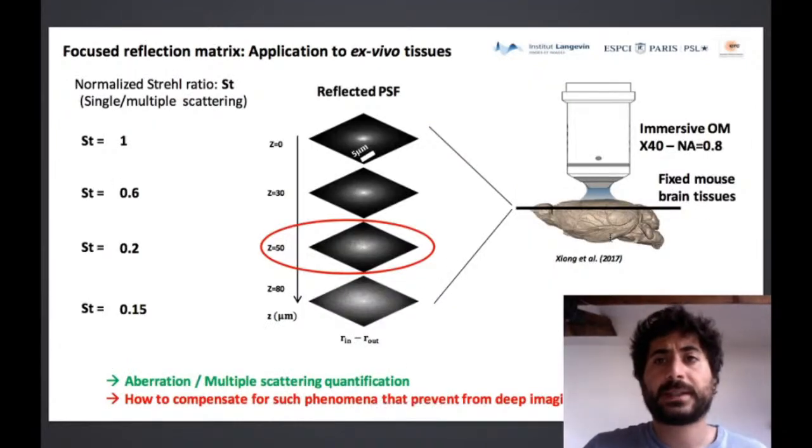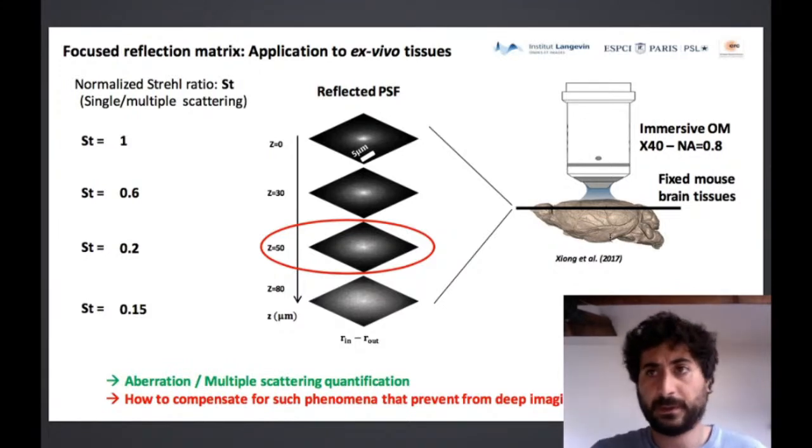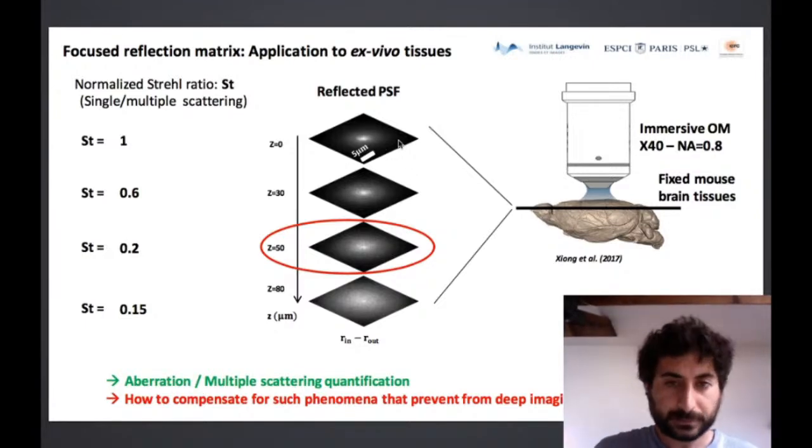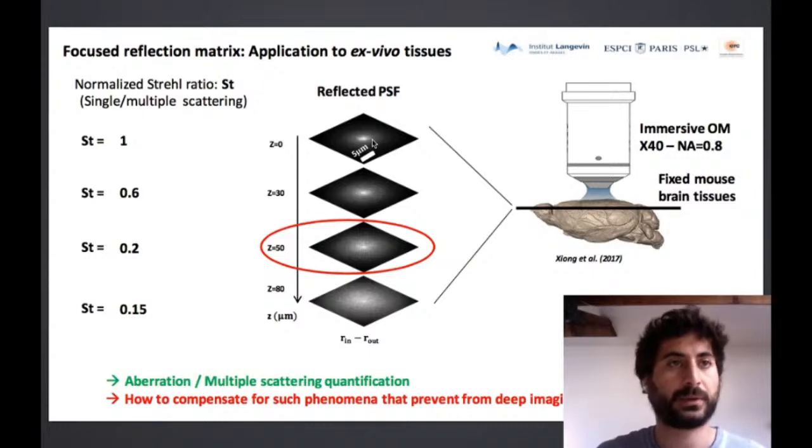So we applied this matrix characterization of aberration to an ex vivo mouse brain tissue with a high numerical aperture microscope objective. Here are plotted the reflected point spread functions for different depths inside the brain. You can see that for the first layer, all the energy is located at the center of the point spread function.